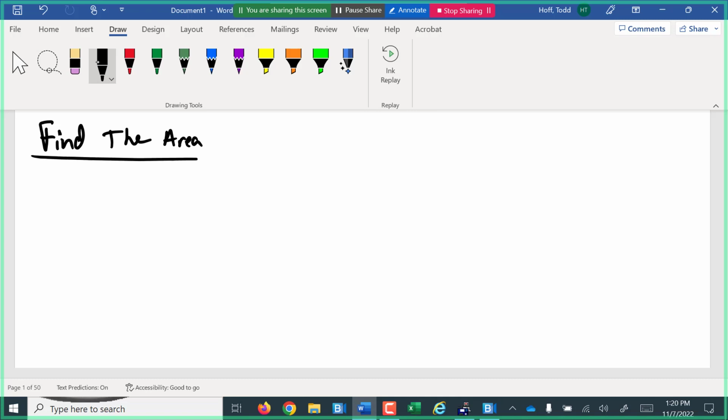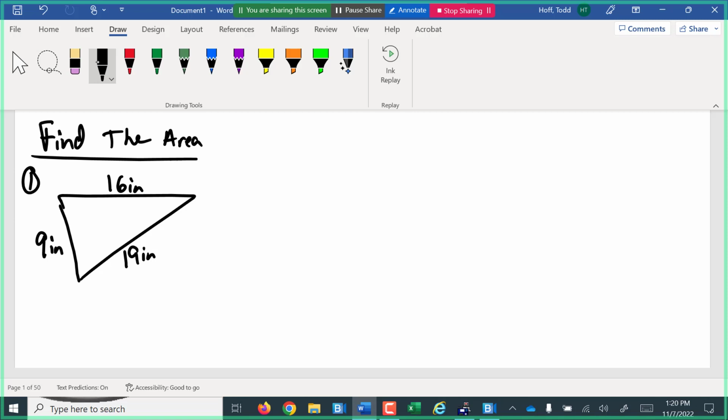Next, we're going to ask you to find the area. I'm going to put 4 of these up here. This first one, we're going to go 9 inches, 19 inches, and 16 inches. Find the area of that triangle.